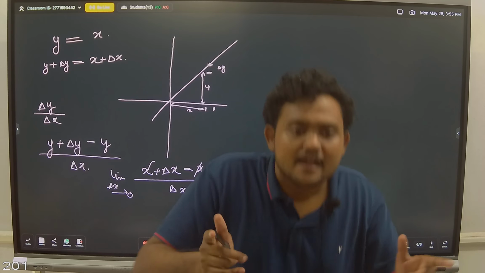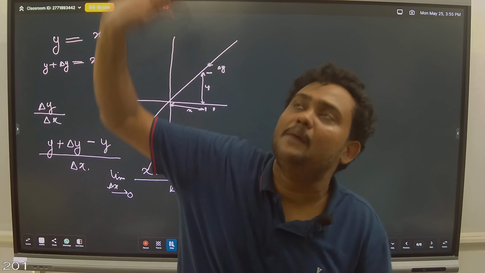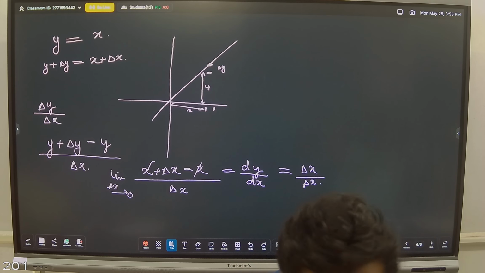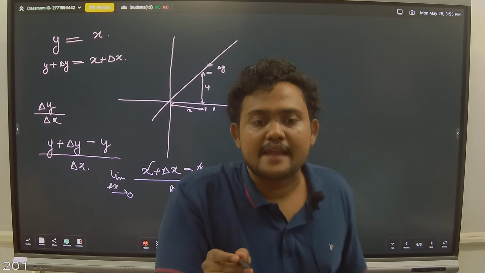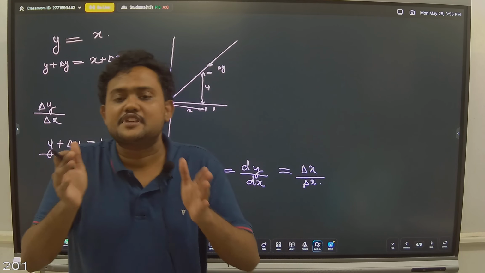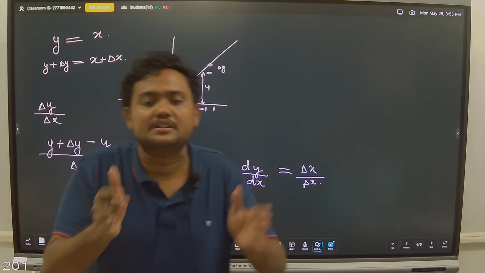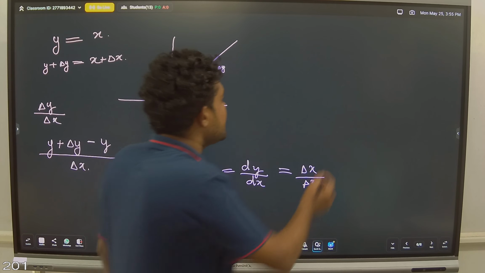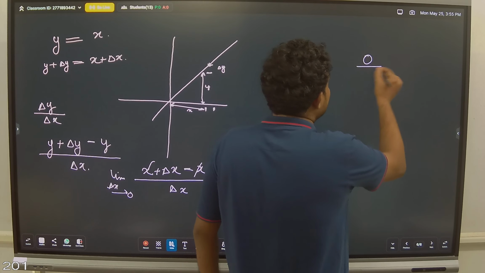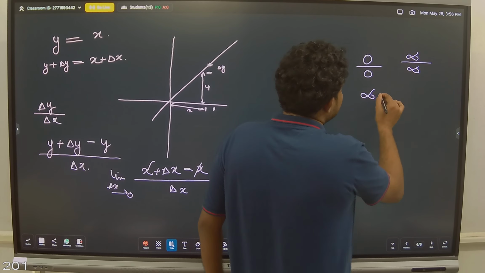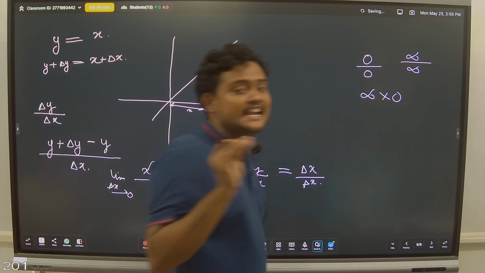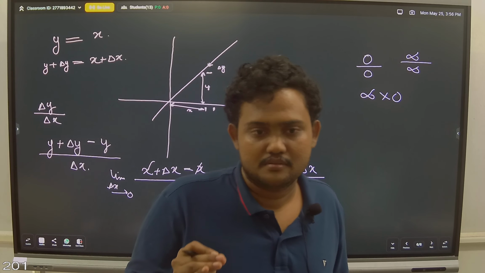Not defined means the value is either blowing up to infinity or down to minus infinity. Indeterminate means you don't have sufficient information to determine the value. For instance, 0 by 0, infinity by infinity, infinity into 0, these are indeterminate values, right?